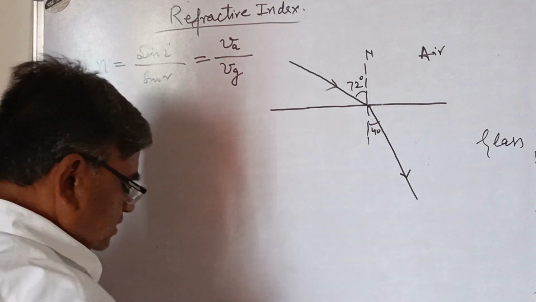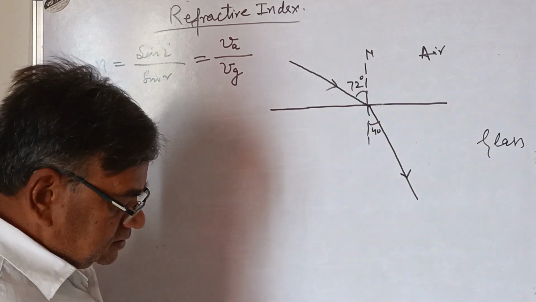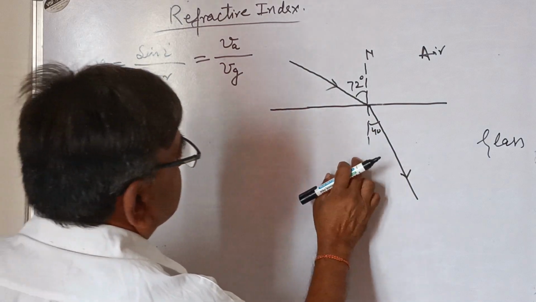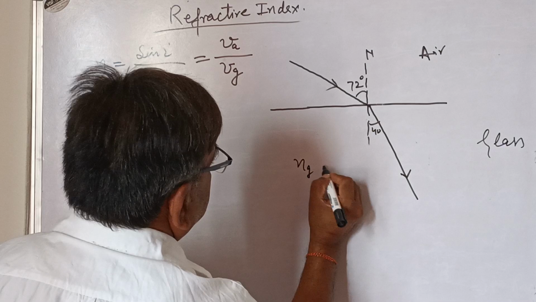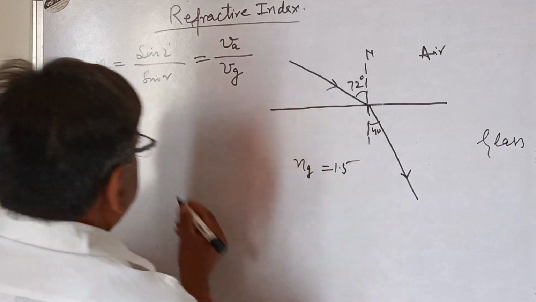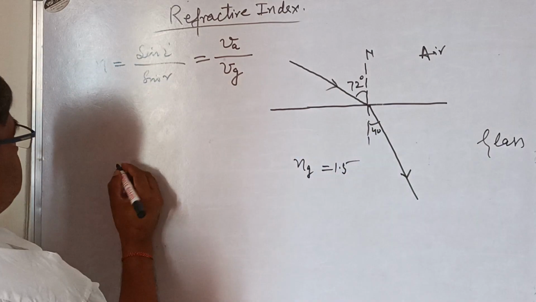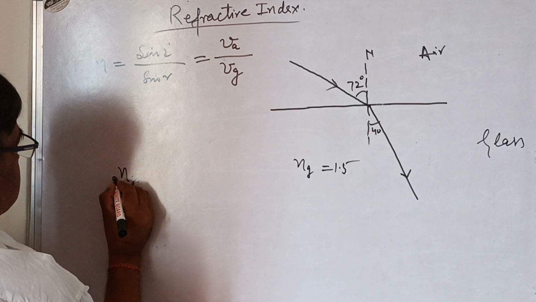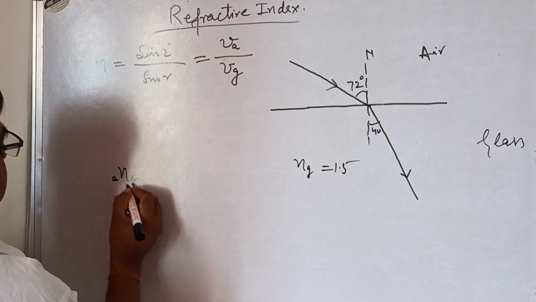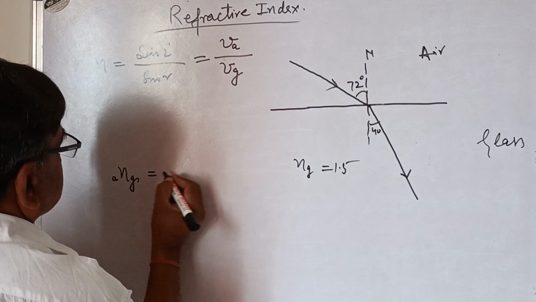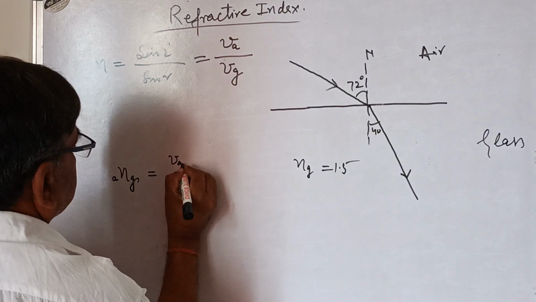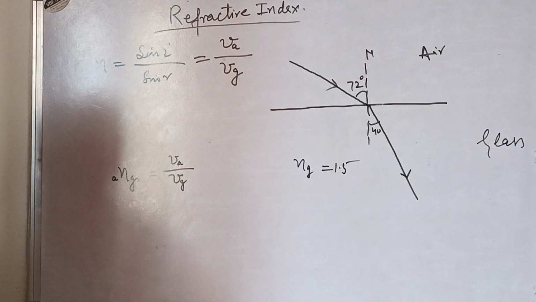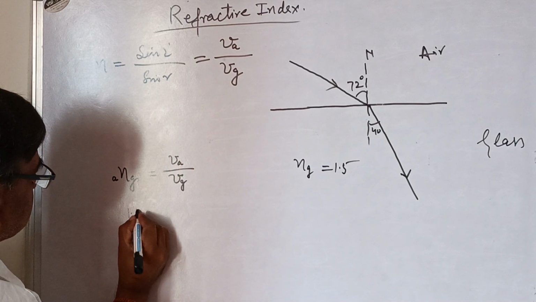we know it is given, refractive index is given, it is 1.5. This material is glass, this Ng is equal to 1.5. So apply this formula, Ng, or you sometimes write aNg. First one is air, second is glass. So Va divided by Vg. It is just mathematics. 1.5 is given.